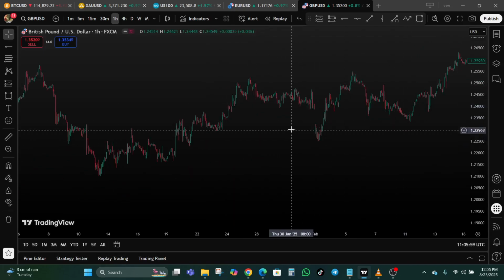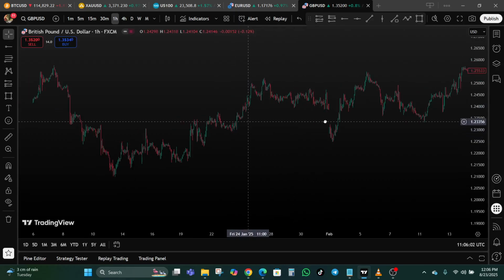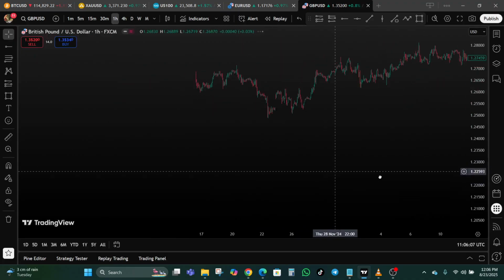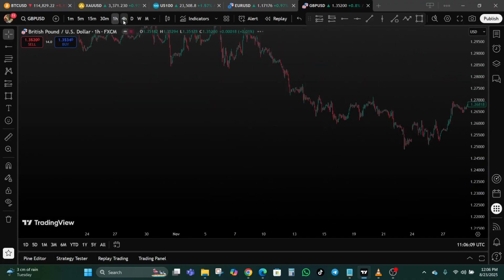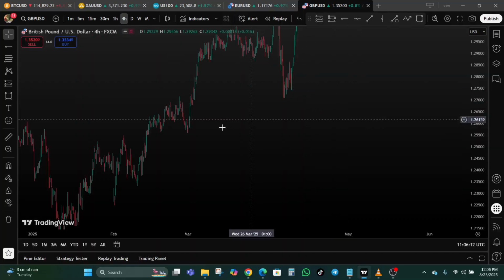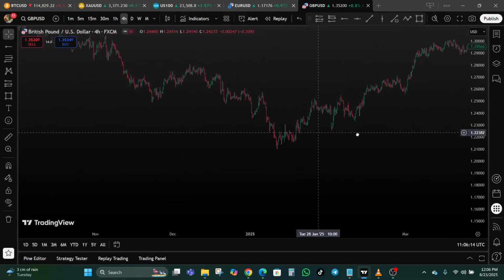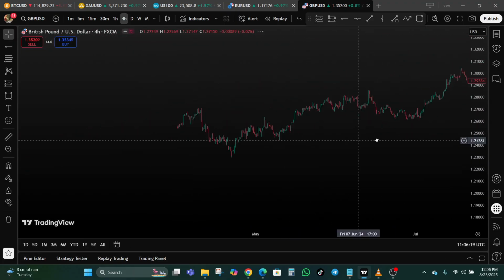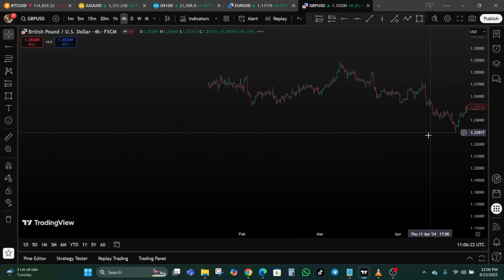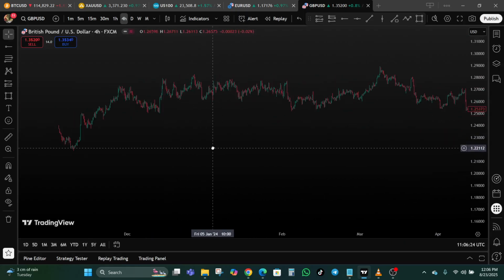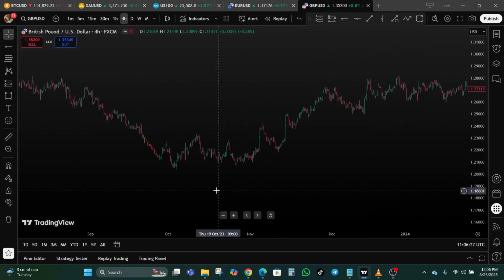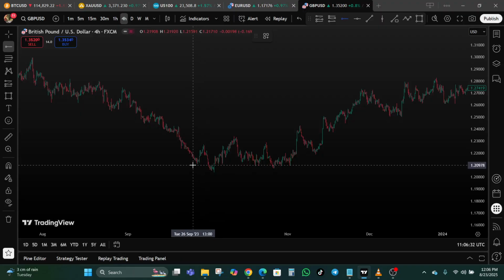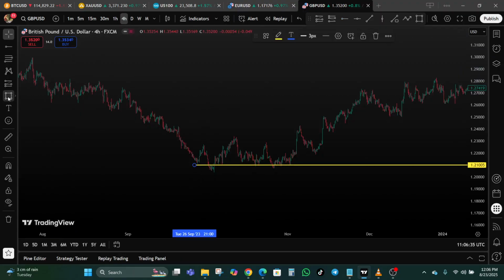Let's see, look for where a liquidity purge happened towards the downside.